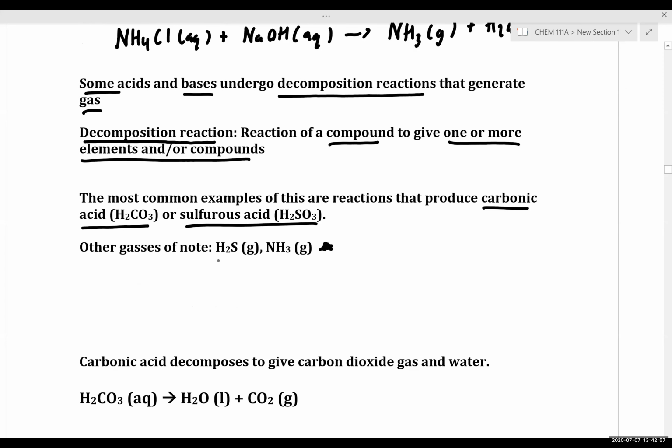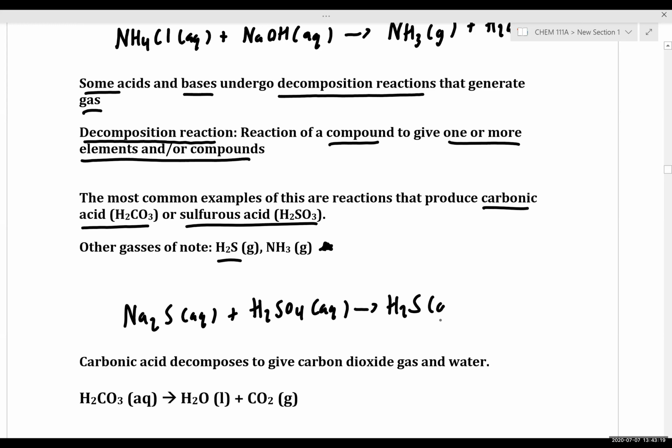So we can give an example of a reaction that makes hydrogen sulfide. So if you take, for example, sodium sulfide aqueous and you treat it with sulfuric acid, you will generate hydrogen sulfide.